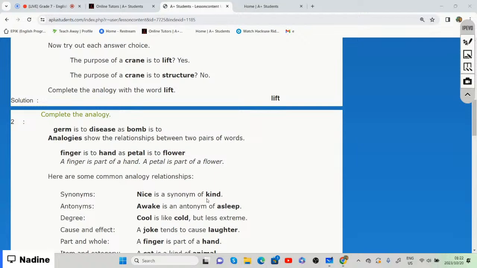Whereas a bomb, what does a bomb cause? If germs cause disease, then a bomb causes, or a bomb is to, what do we use a bomb for?